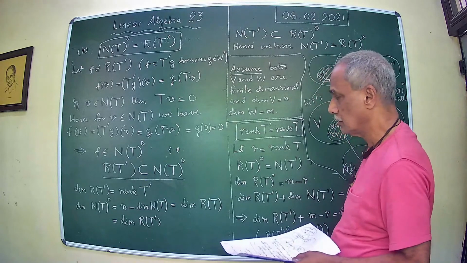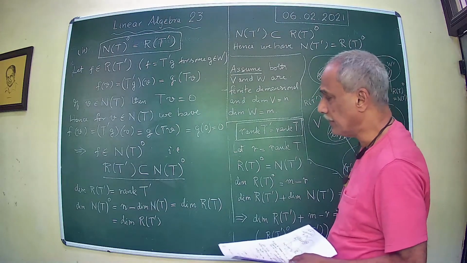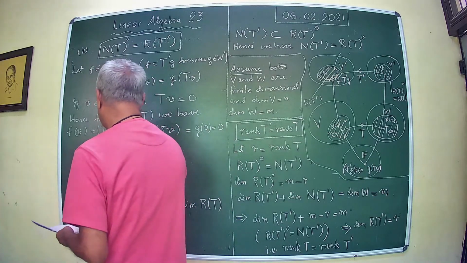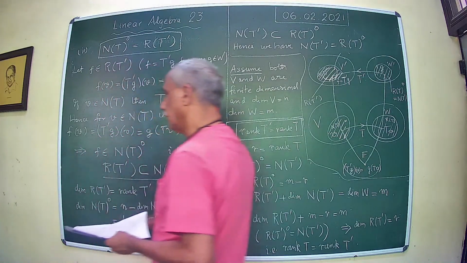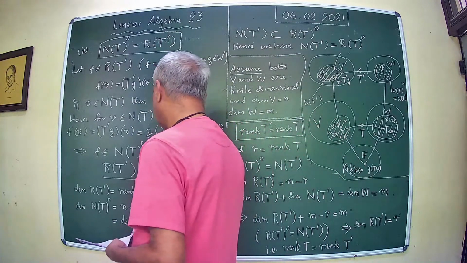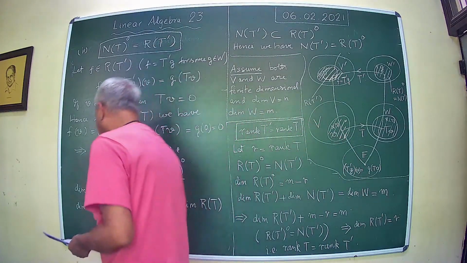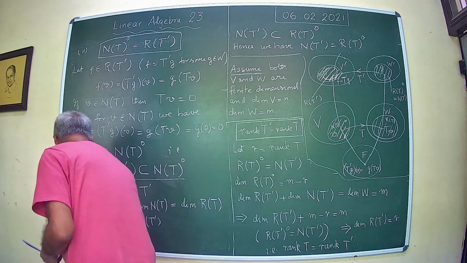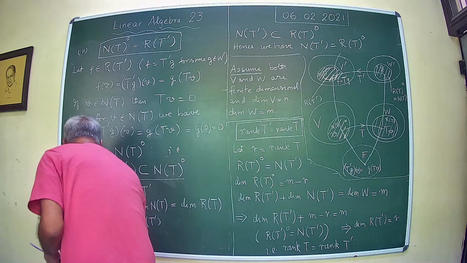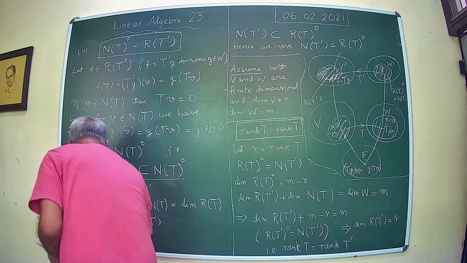Okay. So what does it mean? The dimension of NT annihilator is equal to dimension of RT prime.